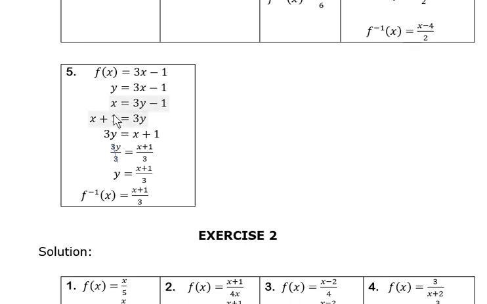Then, transpose 1 to this side, that becomes plus 1. So we have x plus 1 equals 3y. Then we have it here, 3y equals x plus 1. Dividing both sides of the equation by 3 becomes y equals x plus 1 all over 3. So f inverse of x equals x plus 1 all over 3.